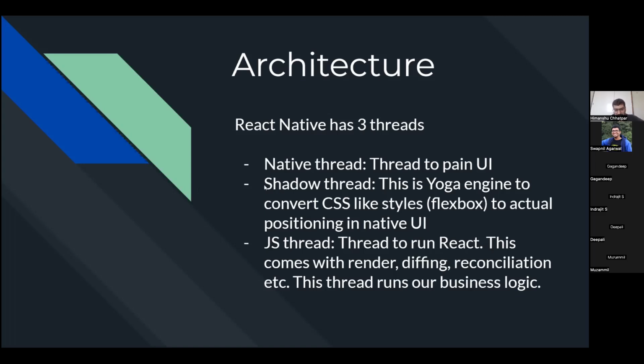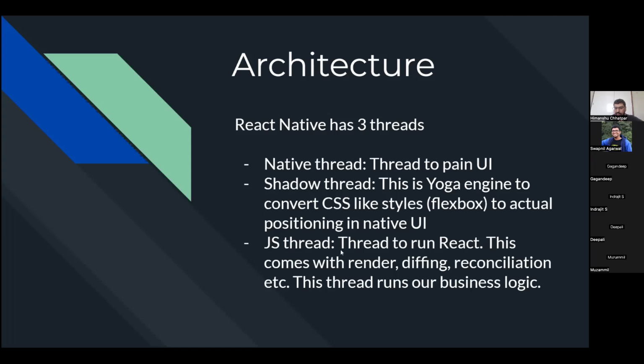That is done by the shadow thread. This is the Yoga engine, which converts CSS-like styles, basically Flexbox, to positioning in native UI. If you say justify content center, that center means at what pixel, where. That is the compute done by the shadow thread.